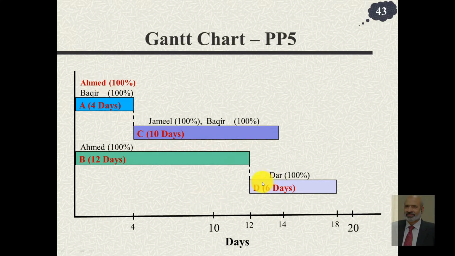There is no other problem. Dart doesn't have any problem, Bakir doesn't have any problem, Jamil doesn't have any problem. But the problem is because of overburdening of Ahmed that results in extra charges or increased cost. And we would like to reduce this cost in such a manner that Ahmed does not get overburdened.